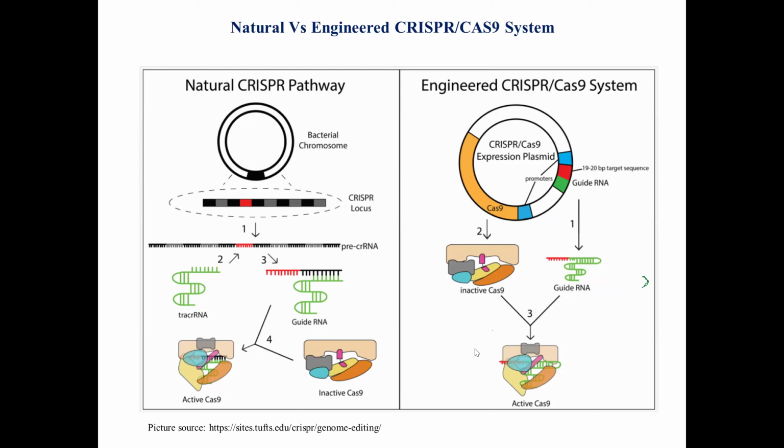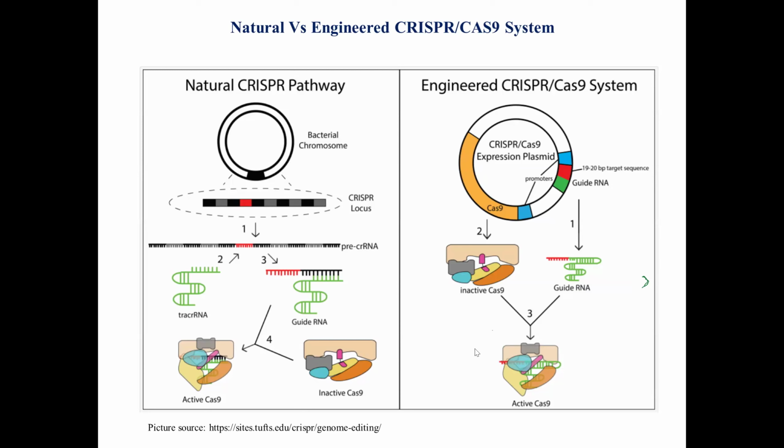Now, people are finding that instead of using plasmid, one can go with mRNA also. Nowadays, mRNA in vitro transcription technology is developed. People are making mRNA vaccines and mRNA therapeutics. So Cas9 mRNA is also available, and many companies now sell Cas9 mRNA.